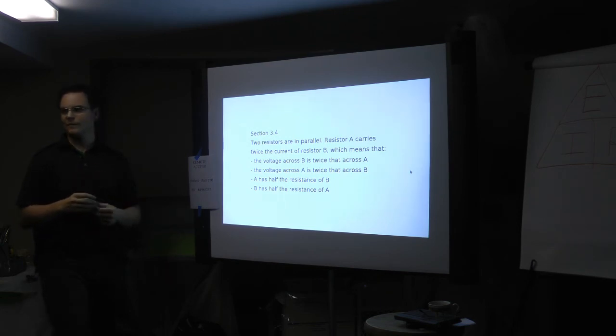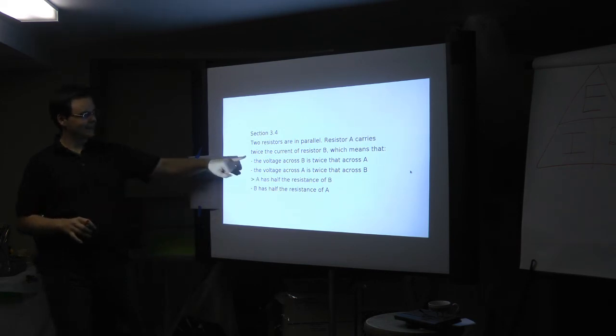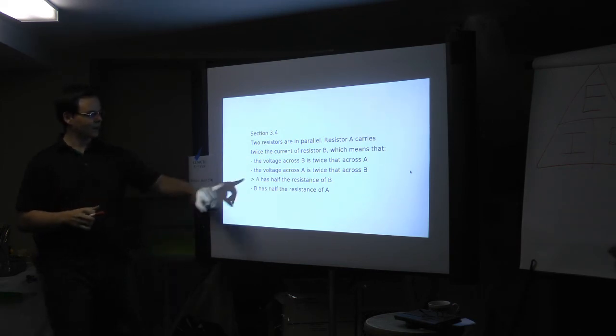Resistor A carries twice the current of B, which means the voltage across B is twice that of A, and the voltage across A is twice that of B. It's A has half the resistance of B. Yep, there we go.